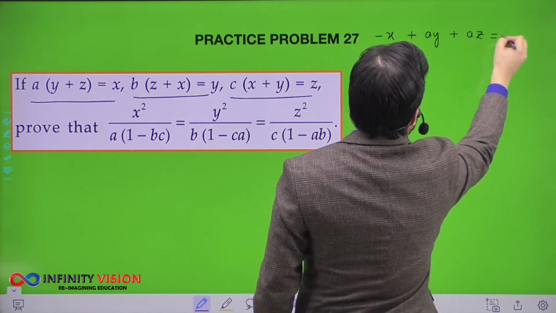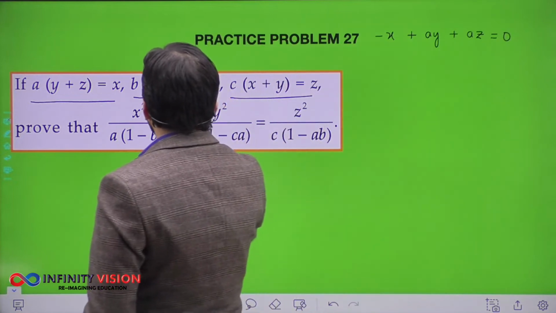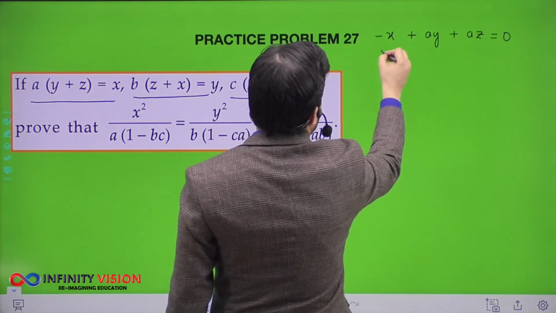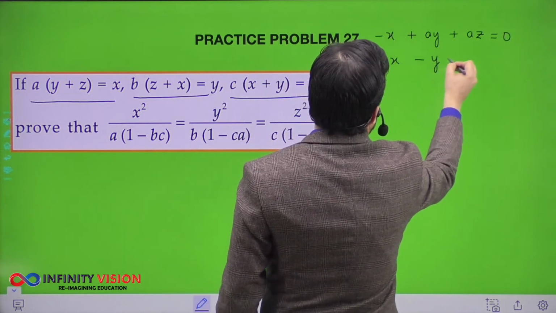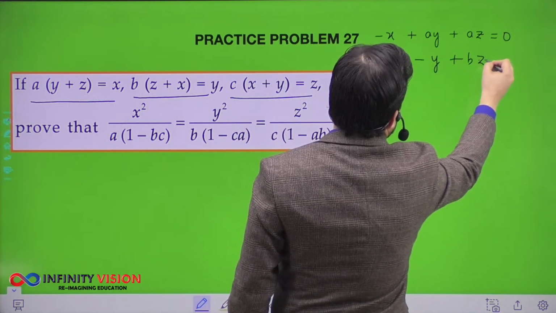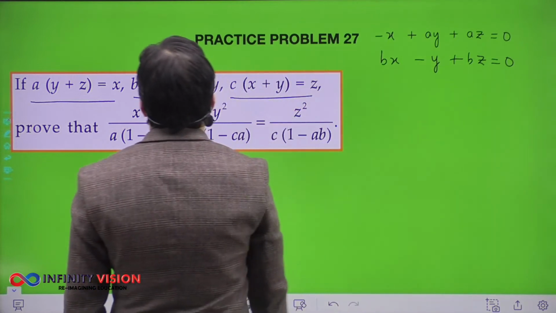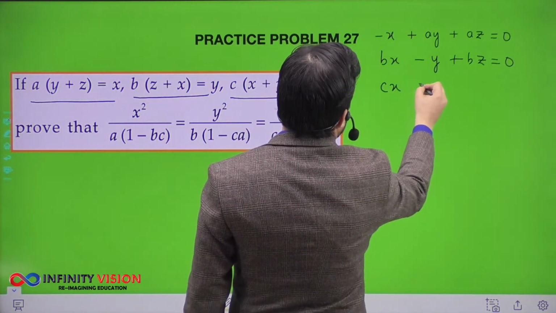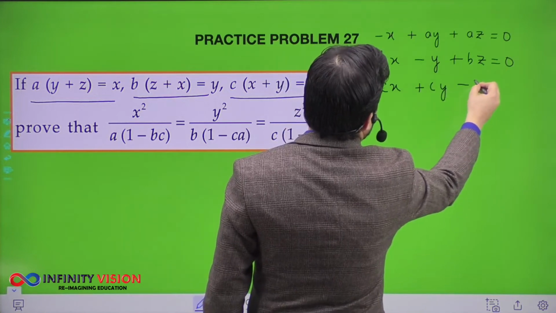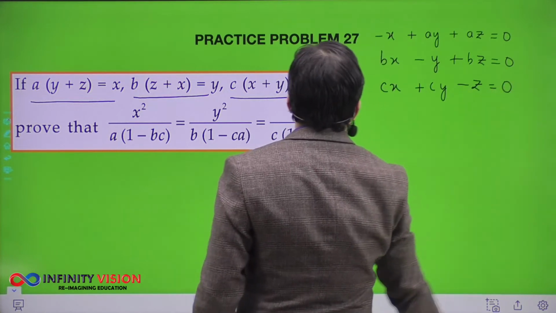This is my first equation. The second equation would be bx minus y plus bz. Very symmetrical. And the third would be cx plus cy minus z equals to 0.